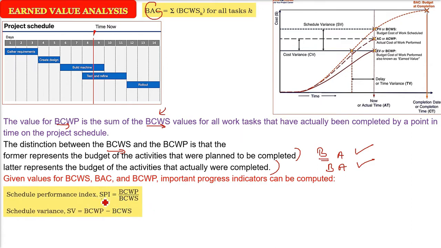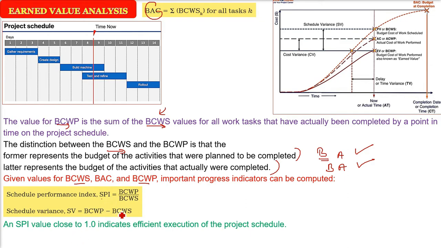You can find out the SPI, that is BCWP by BCWS, and the schedule variance also, BCWP minus BCWS. So these will give you certain indications, like the schedule performance index. If it is close to 1, everything is going fine. It indicates efficient execution of the project schedule.